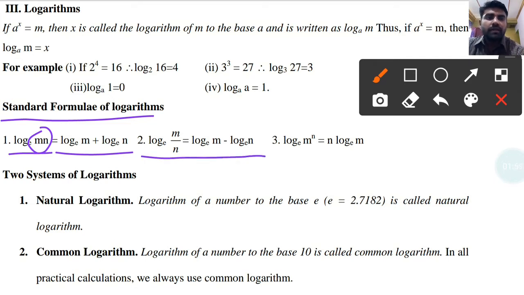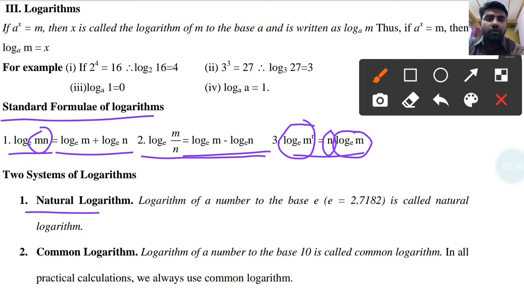If there is division, there will be subtraction: log m base e minus log n base e. And if there is a power value, here the power is n, we have to multiply with that power and keep log m base e as it is.